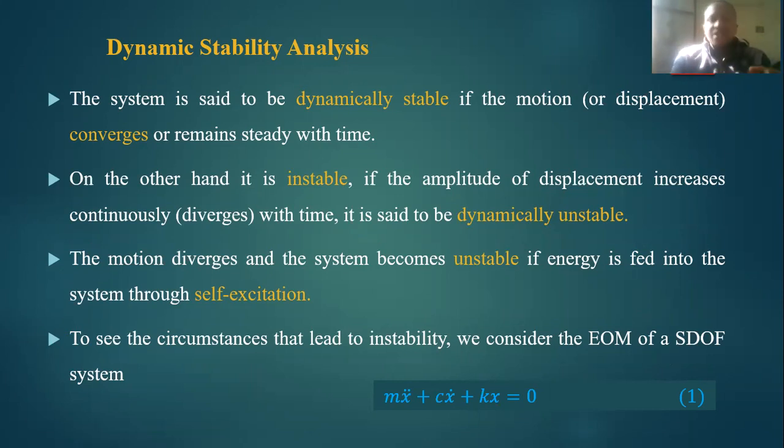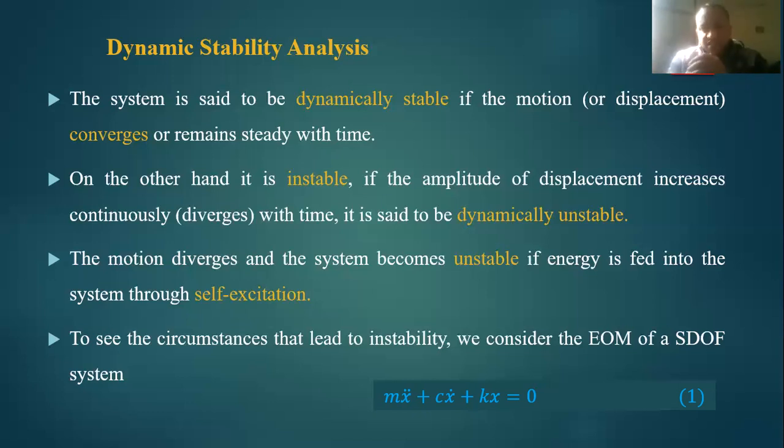When the motion converges or remains steady with time, it is called a dynamically stable system. On the contrary, when the motion diverges with time, we call it a dynamically unstable system. The motion diverges and the system becomes unstable if energy is fed to the system through self-excitation.